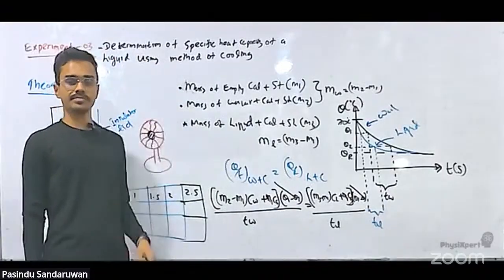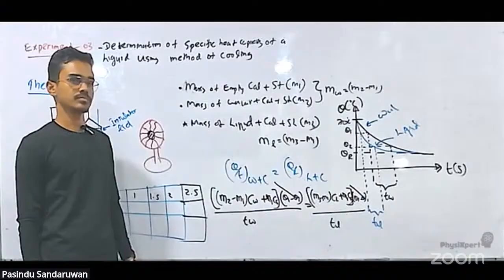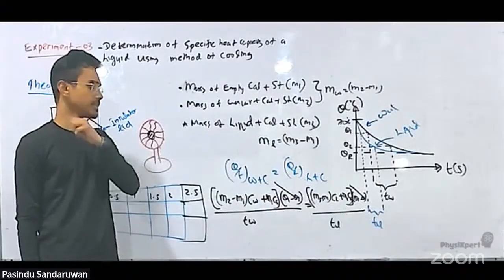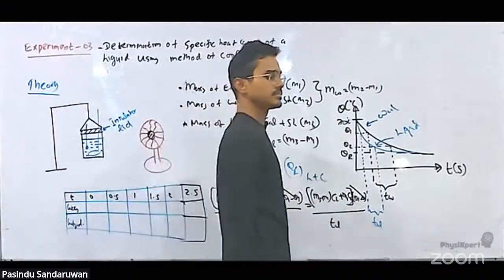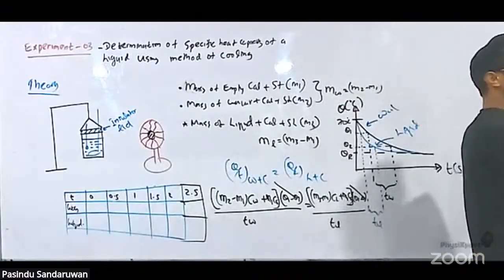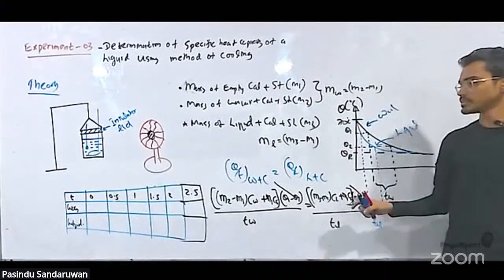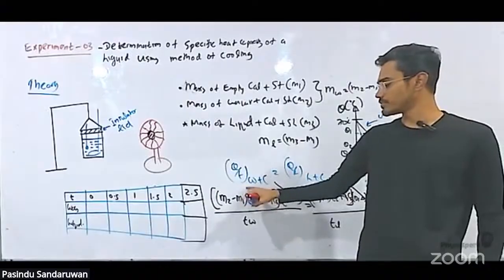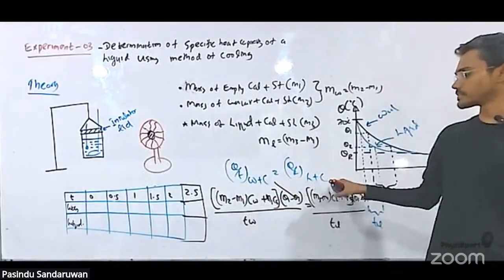Then write down below, according to the theory, put a comma and mention this: QOT of water plus calorimeter equals QOT of liquid plus calorimeter.